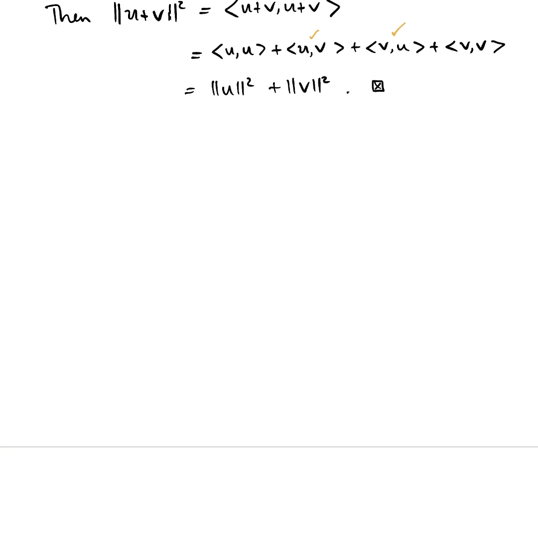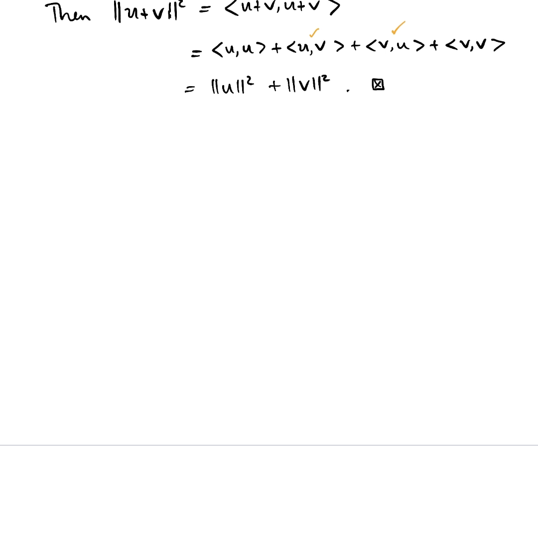Now, one last geometrical idea that also presents itself in this new abstract setting also comes from Calc 3. So I want you guys to think about this picture back in Calc 3. Old Calc 3 picture.